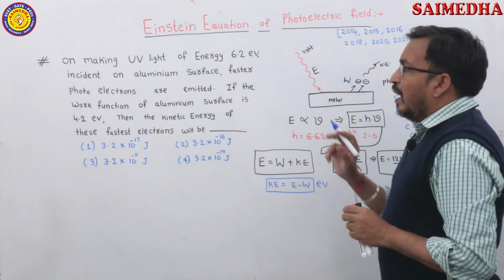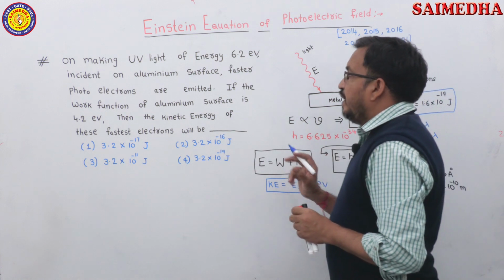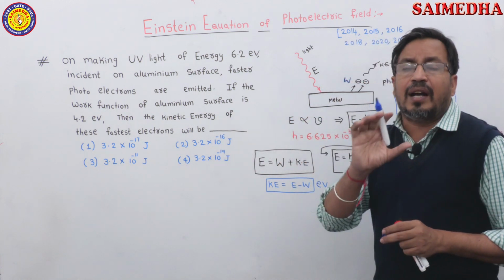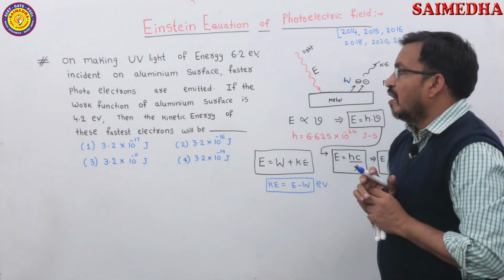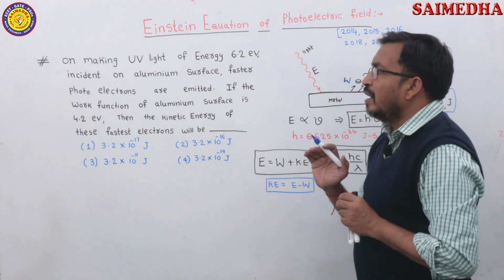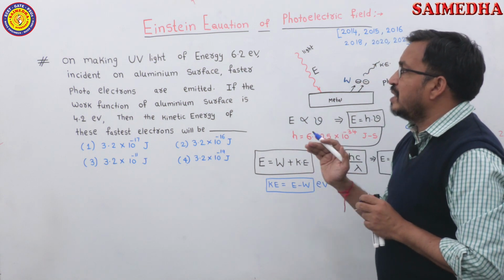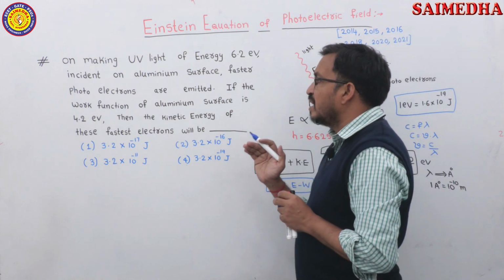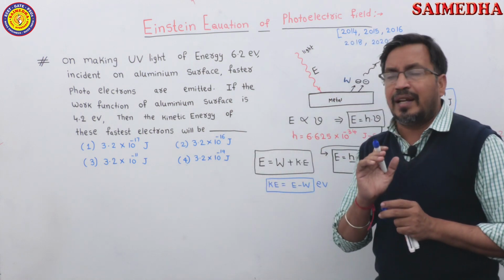On making UV light of energy 6.2 electron volts incident on aluminum surface, fast photoelectrons are emitted.